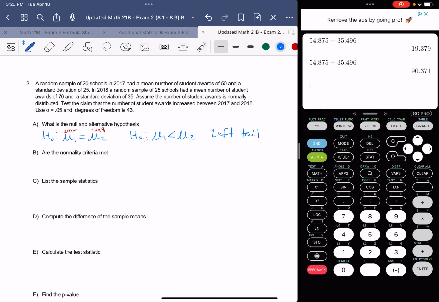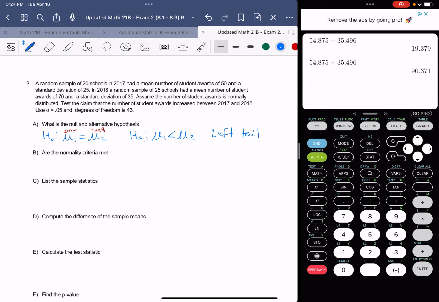I think we did one in class where it says let mu1 be the mean of this. I don't remember. That's why I have to write it all out in columns. Yes, which we're going to do down here. You know what I mean?